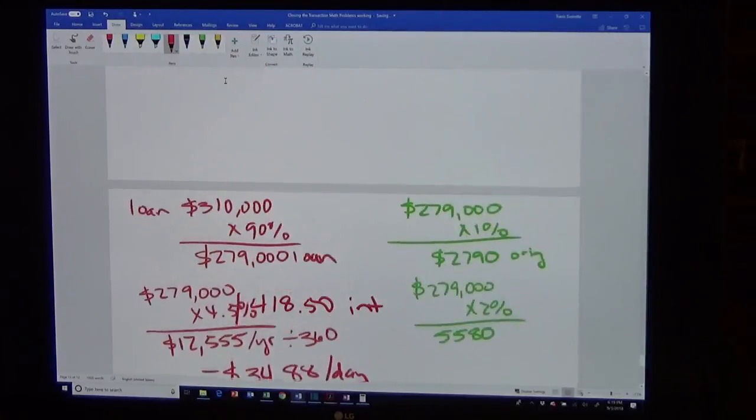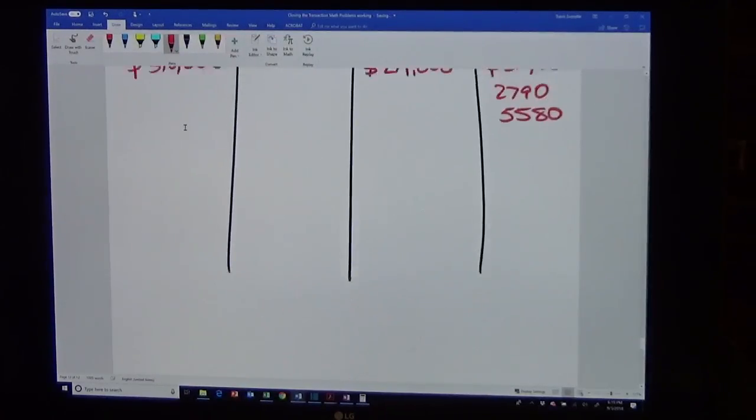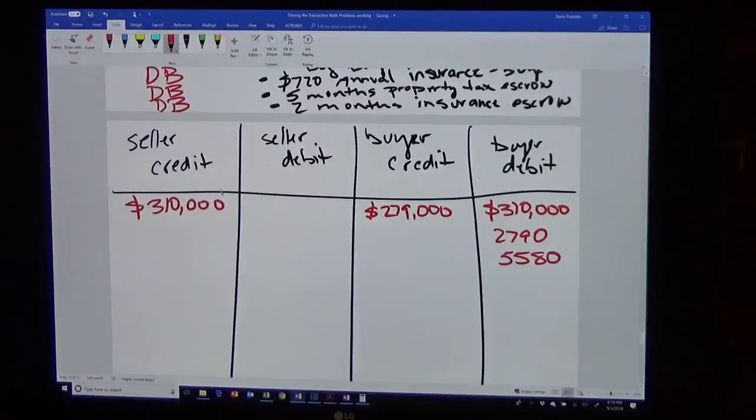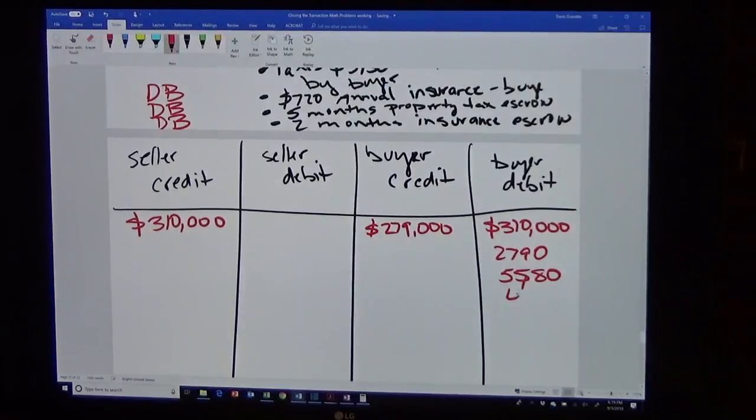$418.50. So if we go back up and take a peek at where that needs to be, $418.50 we said was a debit to the buyer. So here we go, $418.50 debit to the buyer.